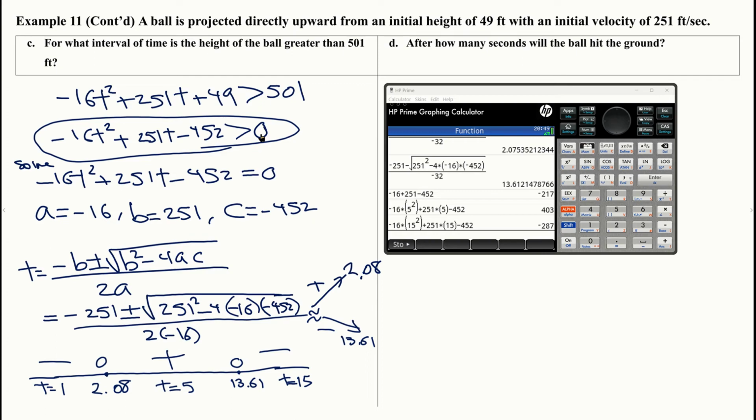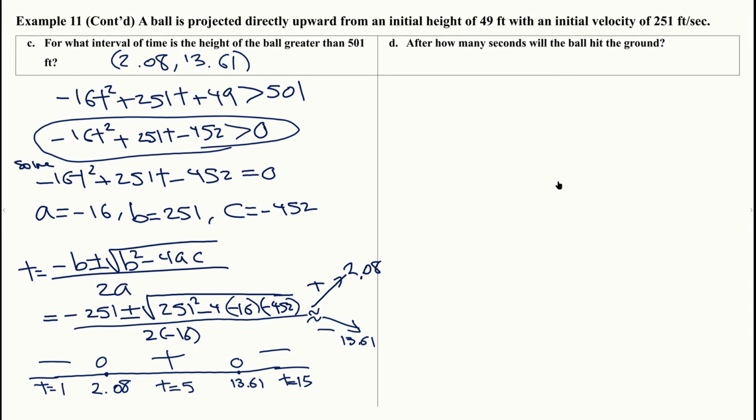So for what interval of time is the height of the ball greater than 501 feet? For this interval, from 2.08 to 13.61, just like that. All right. And finally, we want to know after how many seconds will the ball hit the ground.